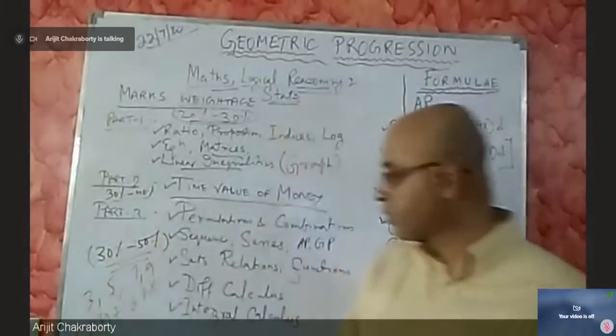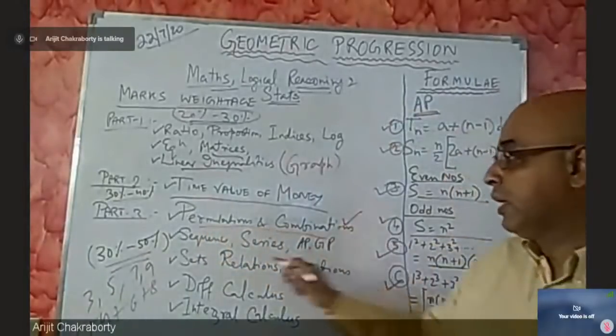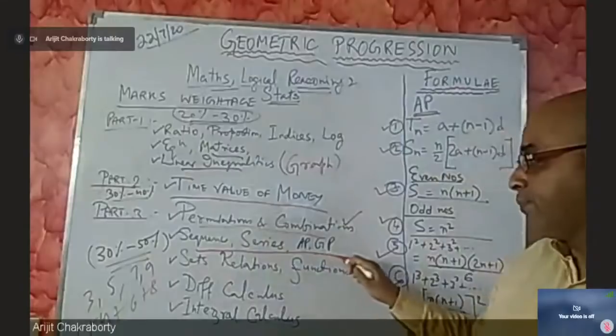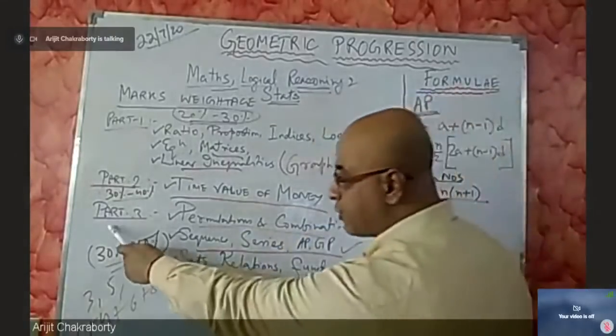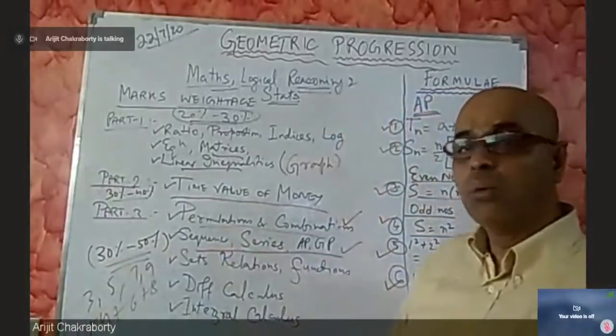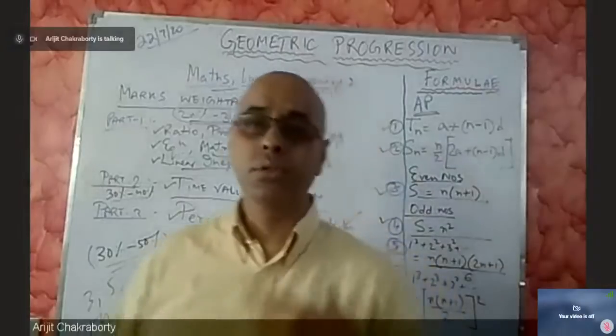GP, geometric progressions, we are covering today. So permutation and combination we have done. Sequence, series, AP and GP we are completing today. Now in part 3, apart from these two, we have sets, relations and functions, which we are going to do tomorrow.